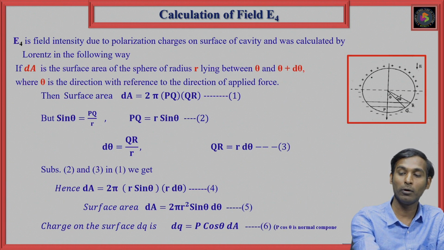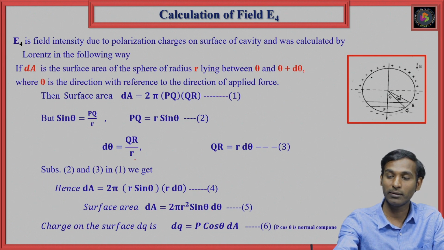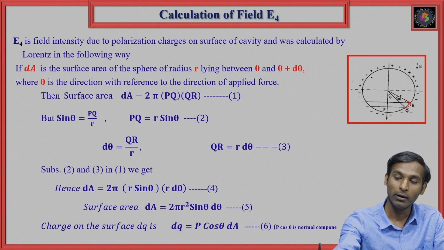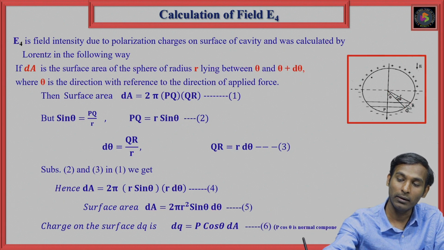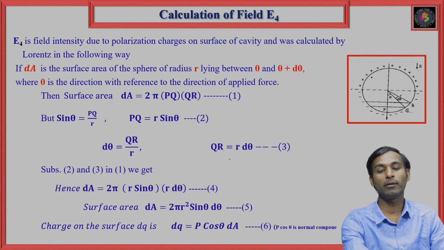So d theta equal to QR by R. This is said to be one particular element, right? See here d theta equal to QR by R, so that QR is equal to R into d theta.